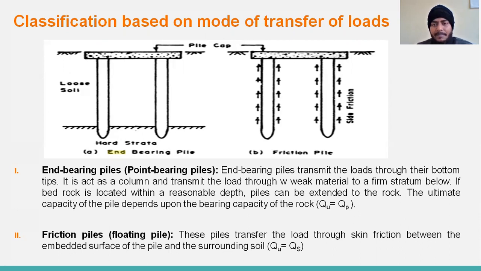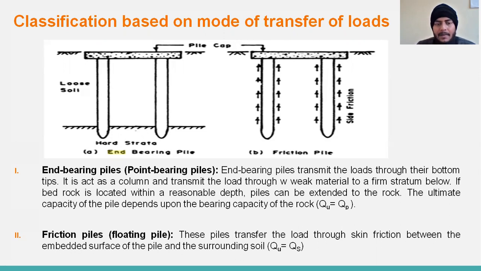This pile transfers the load through the skin friction between the embedded surface of the pile and the surrounding soil. In this case, we can say the ultimate bearing capacity will be equal to Qs, where Qs is the cylindrical surface area times the skin resistance.